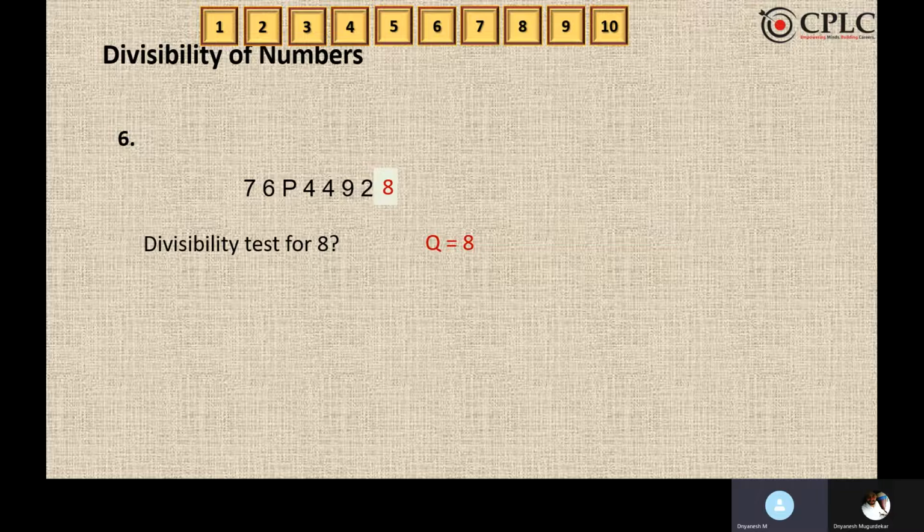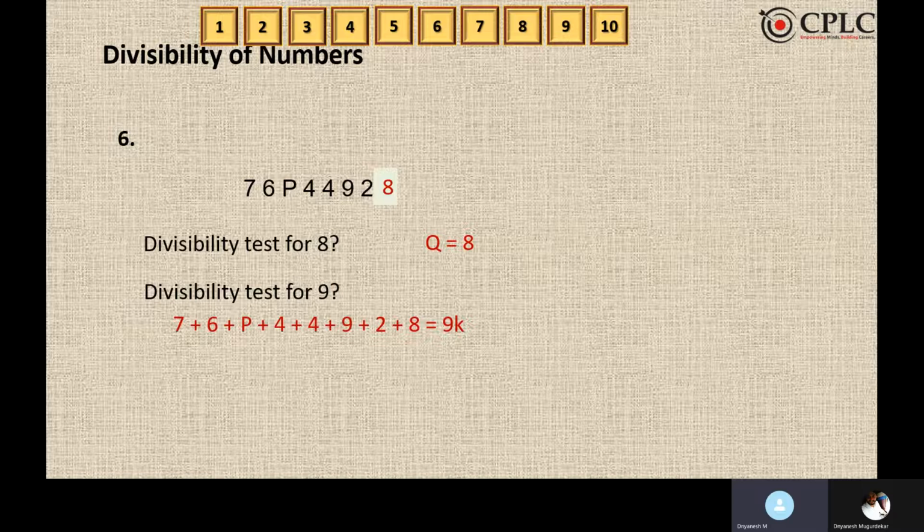Then divisibility of 9 says the sum of the digits has to be divisible by 9. So when you add all the digits, now that you know the value of Q, which is 8 from the first part, P is the only variable. So the rest of the digits will add up to 40 plus P. So 40 plus P has to be a multiple of 9.